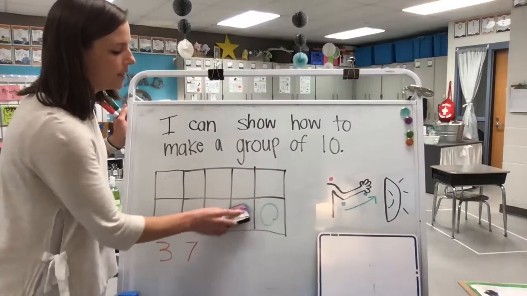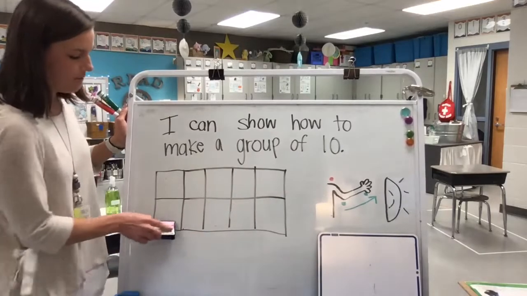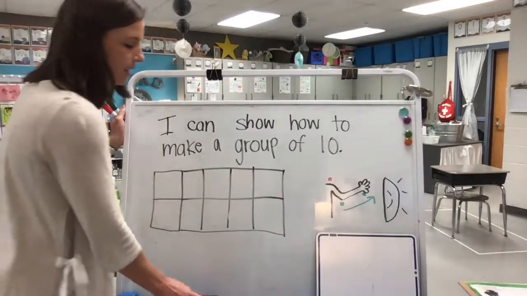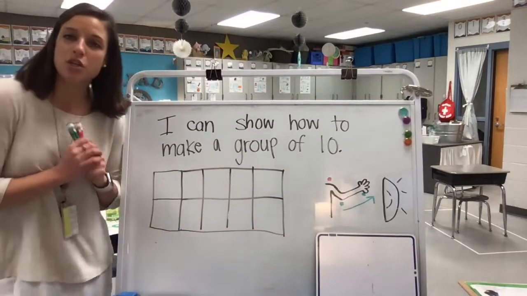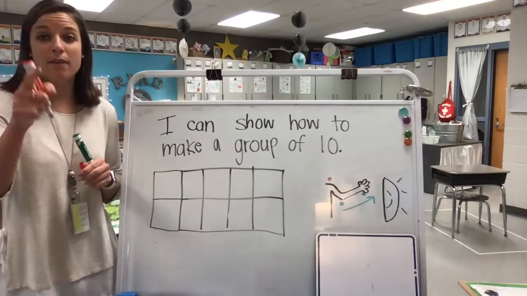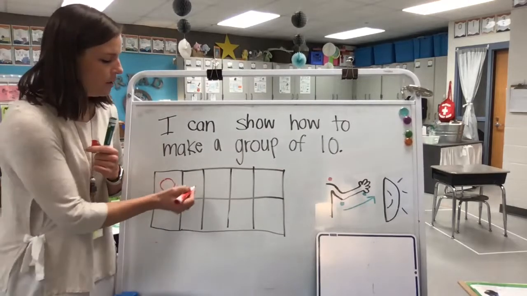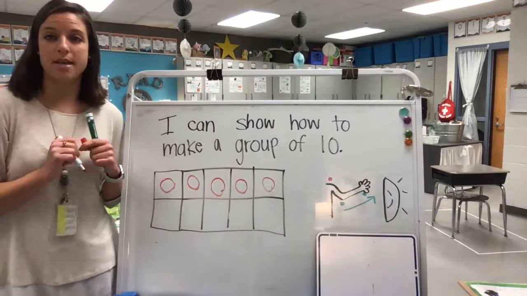So let's say that you went to your grandma's house again, and this time your grandma says, oh, you've been making such good choices, but so has your brother. So I'm going to give you 1, 2, 3, 4, 5 cookies.